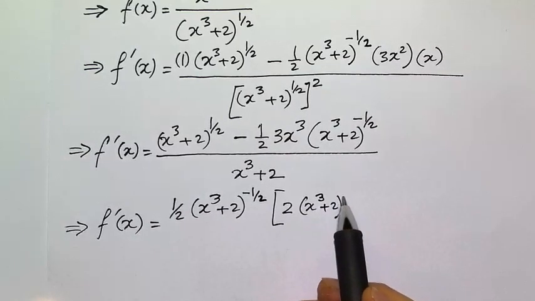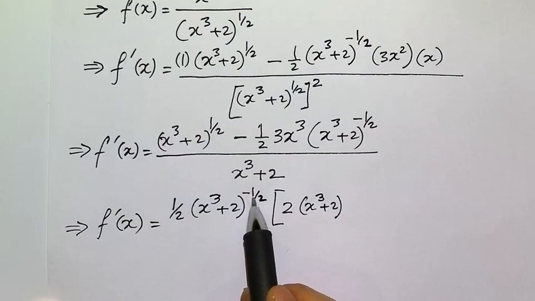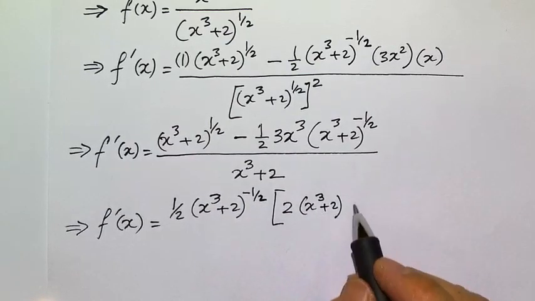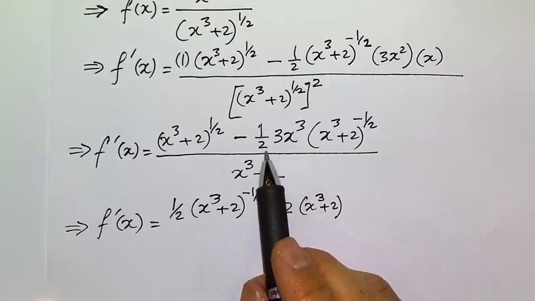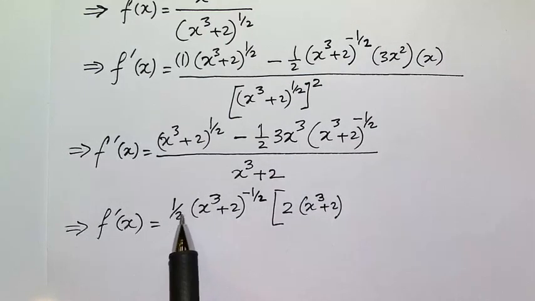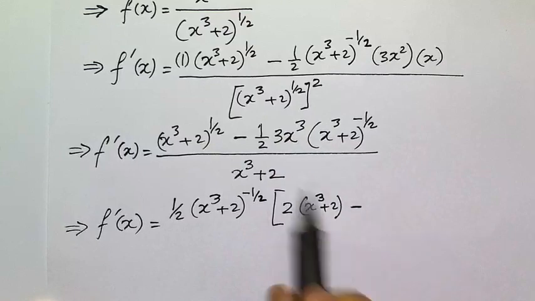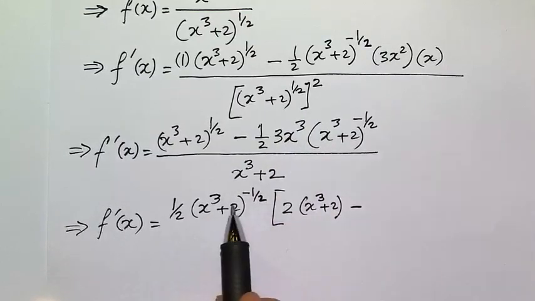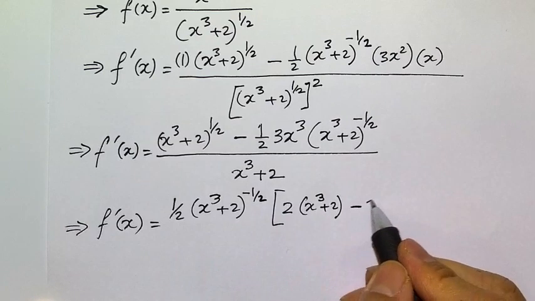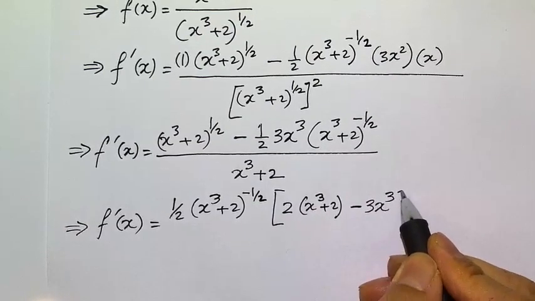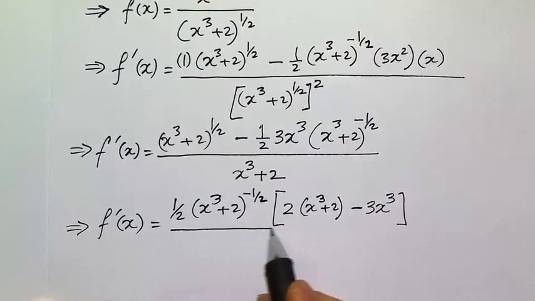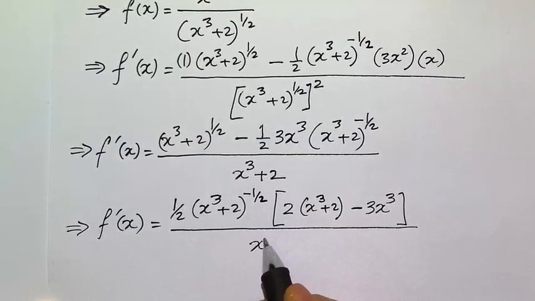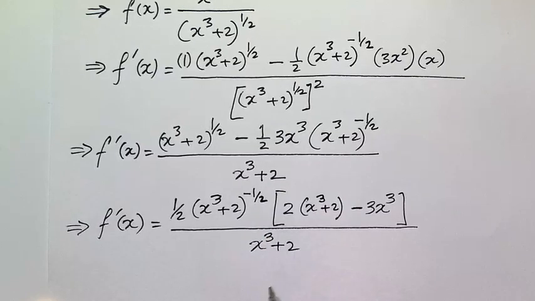So the power here is 1, we add to this, and we get positive 1/2 back. Okay, so that's that. And then the rest of this, so we have minus 3x cubed, which is the only thing missing from this bunch, like that, divided by the denominator, x cubed plus 2.